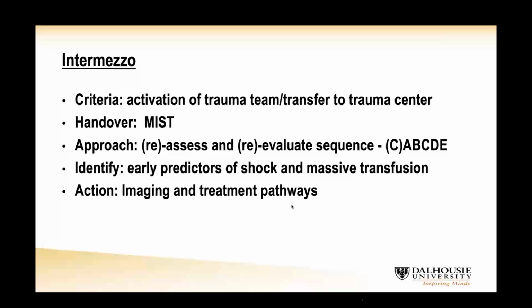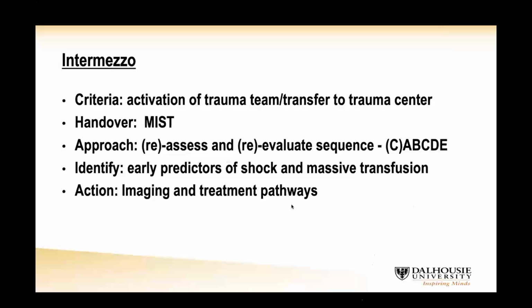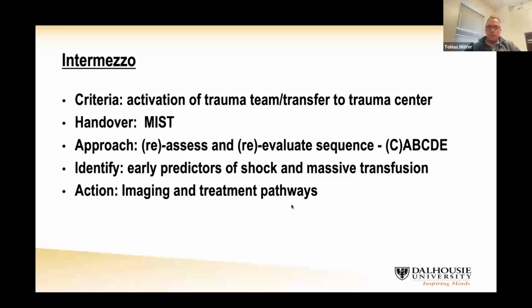There is an approach that we always assess, reassess and reevaluate the sequence, and we can use the ABCD approach for that. We have a couple of early predictors of shock and the need for massive transfusion, the ABC score, shock index, and so on and so forth. You can use those to be on alert and potentially have a low threshold to trigger massive transfusion protocols.